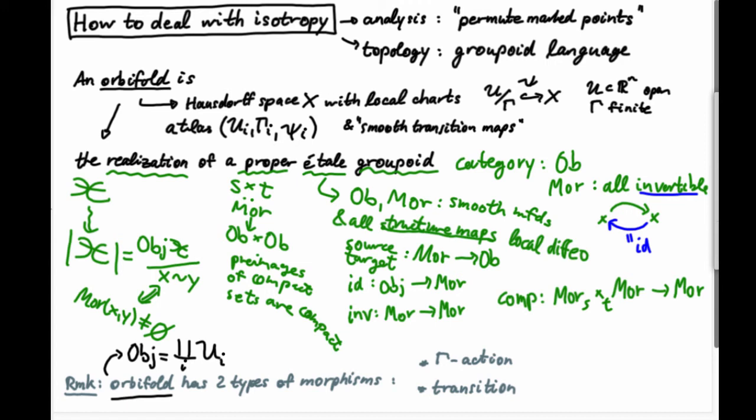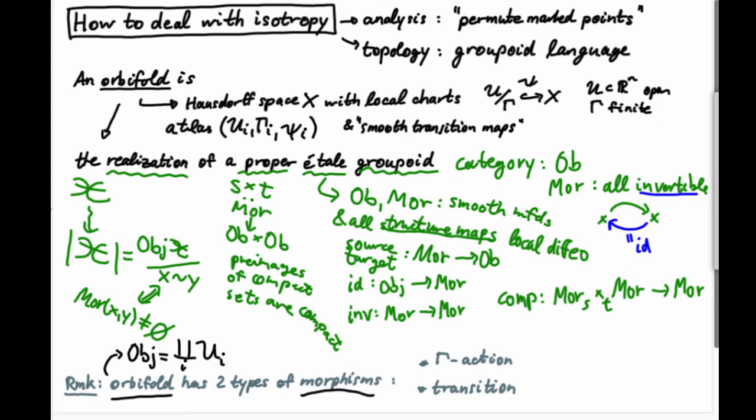Sorry, for objects and morphisms to be a smooth manifold, do you mean the space of objects? Yes. Here the space of objects is a disjoint union of open sets in R^n. So that's a manifold, right? And since we're here, what kind of morphisms do we get?